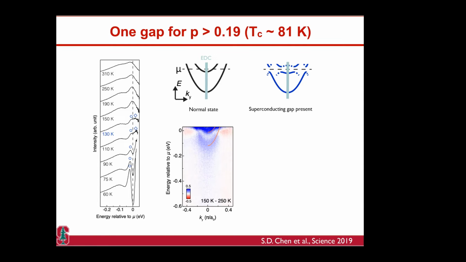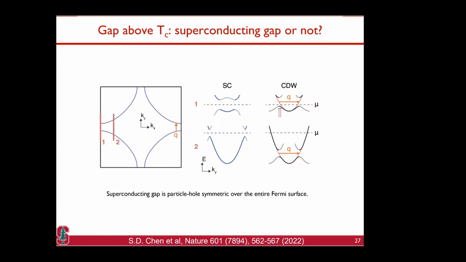You can see it in a similar way as you go to lower temperature. Even in the normal state, you see a deficiency of the spectral weight here, and that is the superconducting gap. I'm going to now amplify.